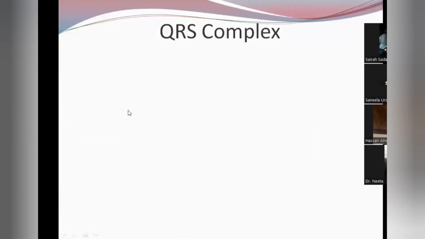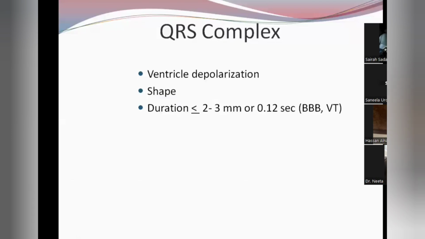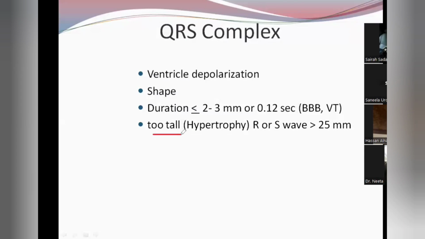Now, the QRS complex. It shows ventricular depolarization, as I have already mentioned. Shape is important. Duration is very important. It should lie between 2 to 3 mm, and this is the duration in time, 0.12 seconds. When there is hypertrophy, it can be too tall: R wave or S wave more than 25 mm or 25 small squares.